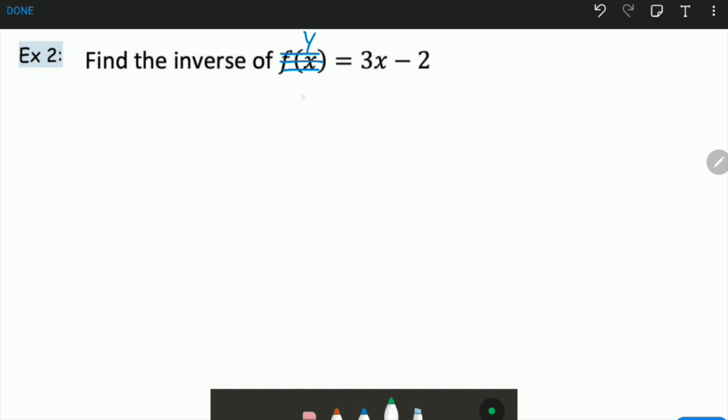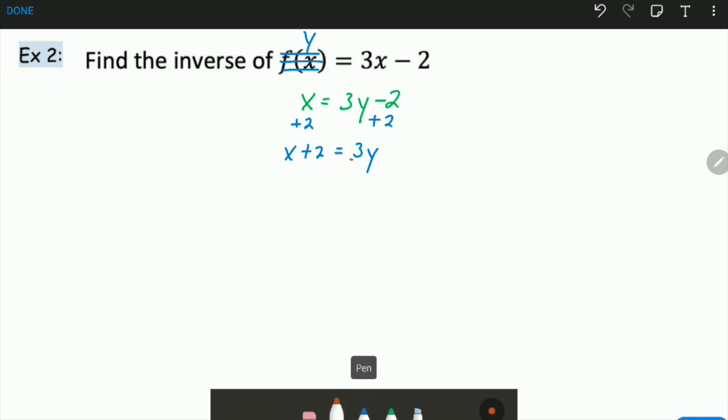When I go to find the inverse, I switch it to x equals 3y minus 2. And traditionally, you do need to get y back by itself. So we're going to add 2 to both sides. Get x plus 2 equals 3y.